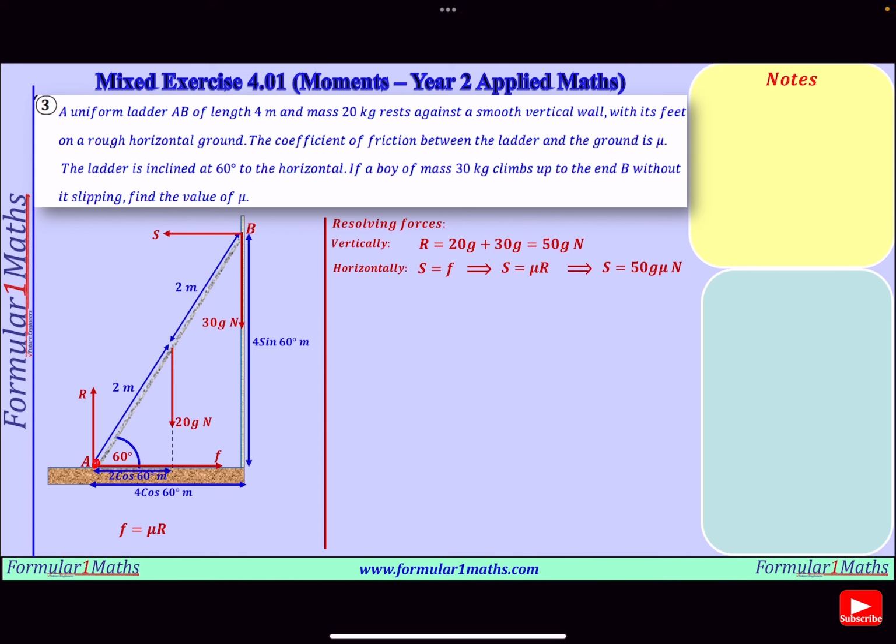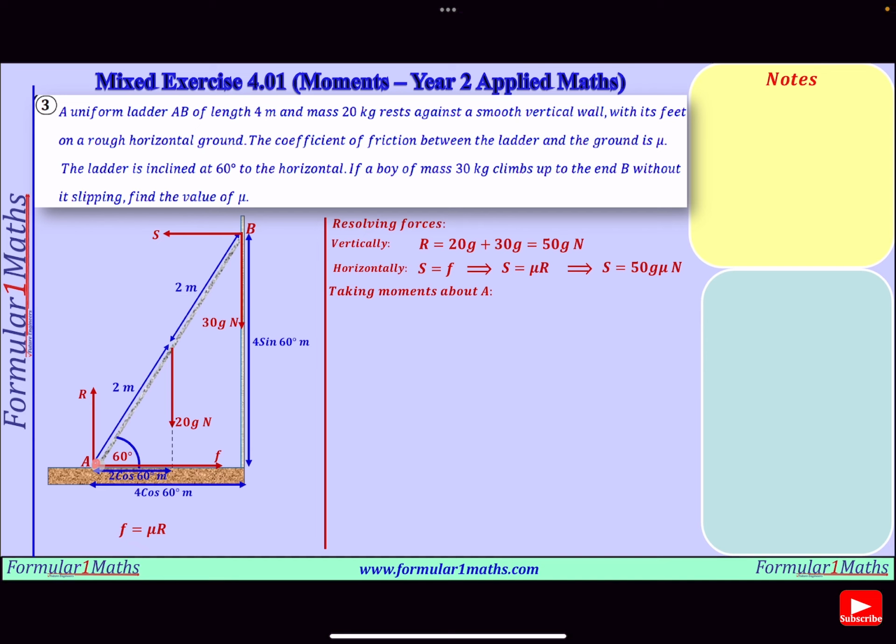We can now take moments, and I've decided to take moments about A, as I mentioned before. And taking moments about A means that I do not have to worry about R and F, because their respective perpendicular distance from A is 0.